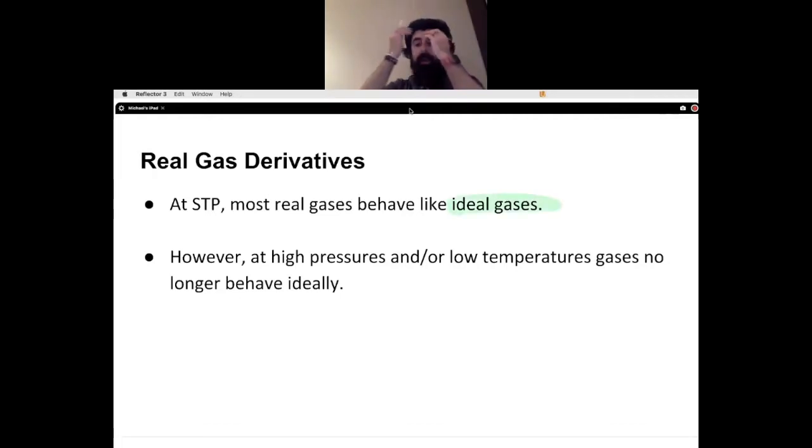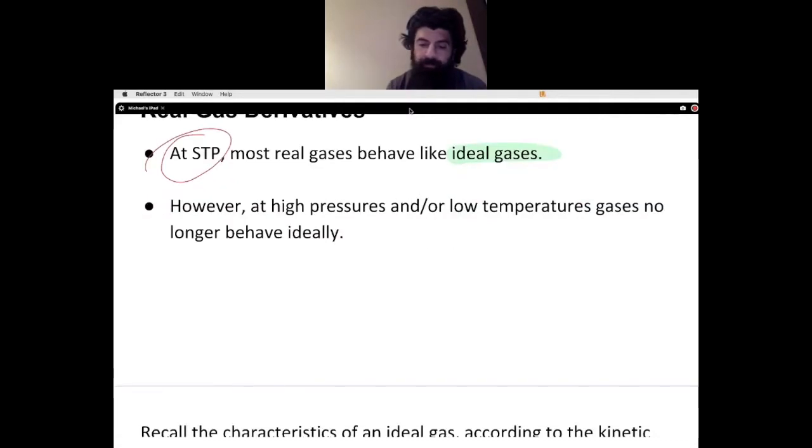Okay. However, one thing we know about real gases is that they will actually have a definitive number of moles, and that they will have a volume that can change if the number of moles changes. However, at high pressures or at low temperatures, gases no longer behave ideally. So in terms of the ideal gas, really at STP, all gases pretty much behave like an ideal gas.